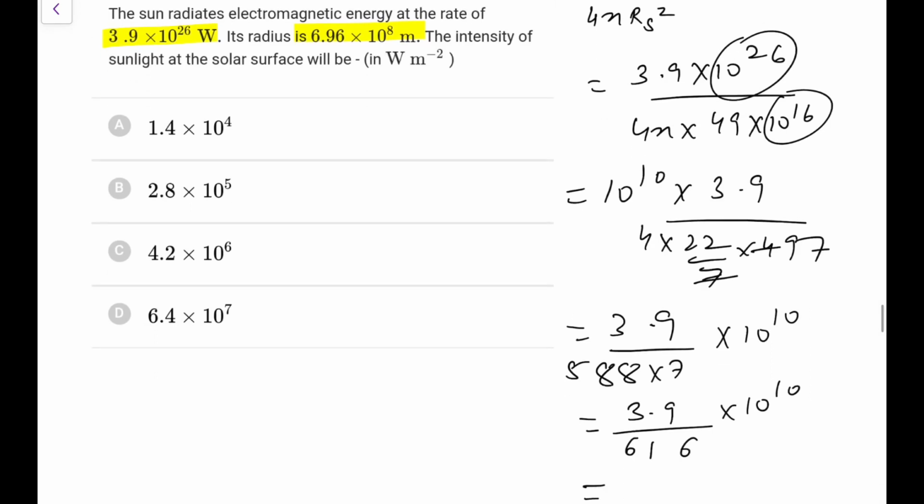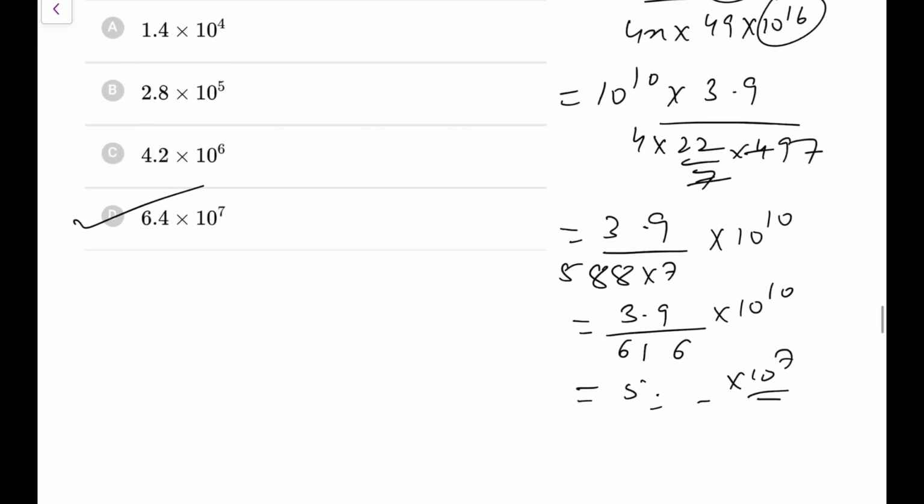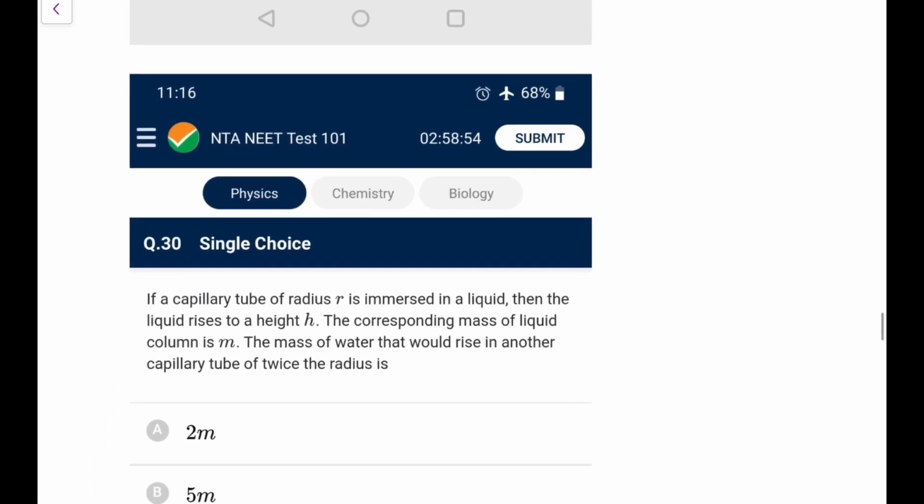So if I have to do this, I need 3900 something, so we need 10 to the power 3, so it would be 5 point or 6 point whatever into 10 to the power 7, that sort of answer we will be getting. So I'll go for this option D, that is the closest in magnitude or the approximation we can go for. Next one.